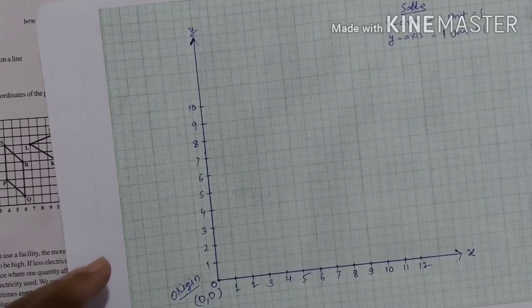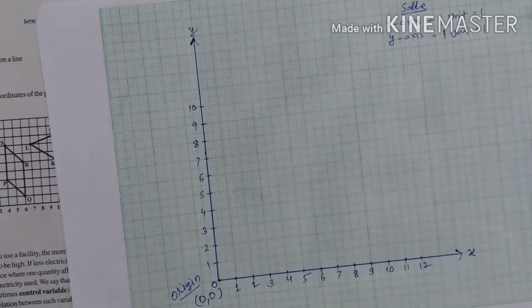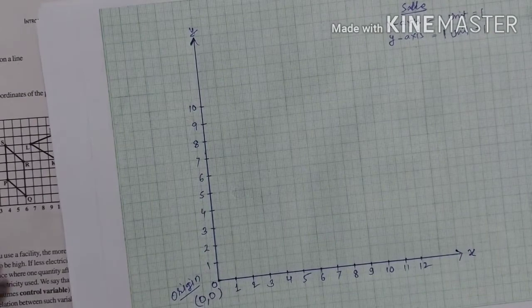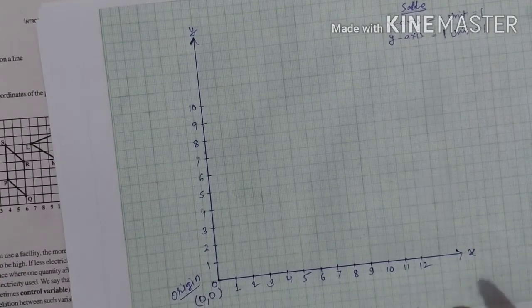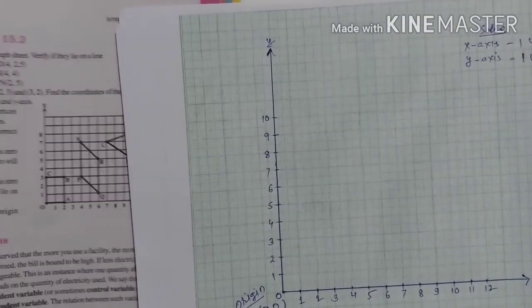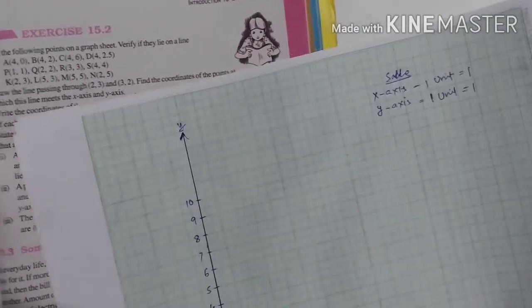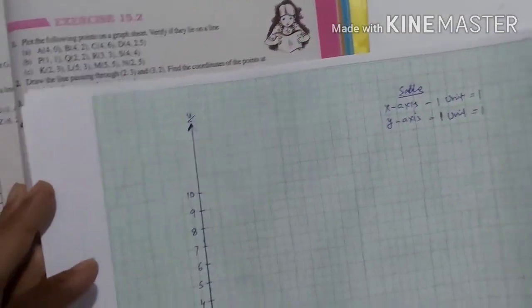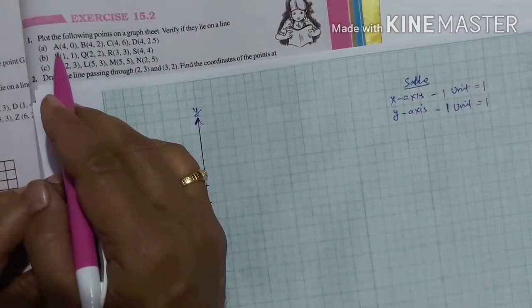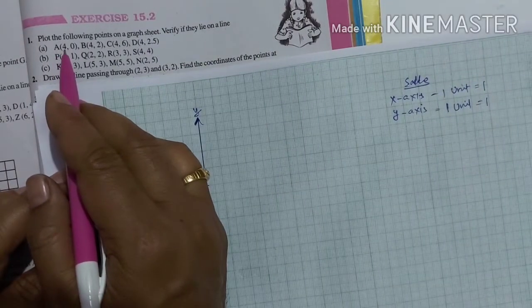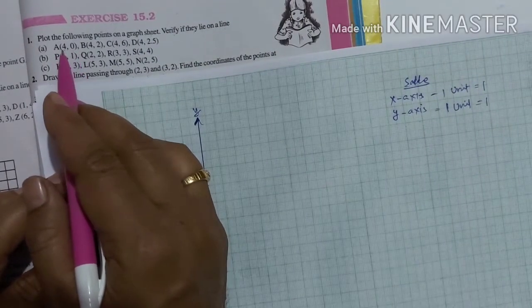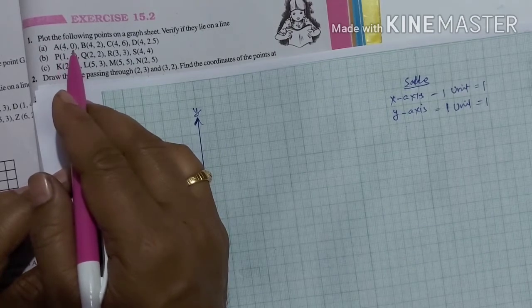In the first question there is only one graph paper, you draw the 3 questions A, B, C. I will show now. First is the coordinate of A, coordinate 4 and 0. 4 and 0 means 4 is x and 0 is y.